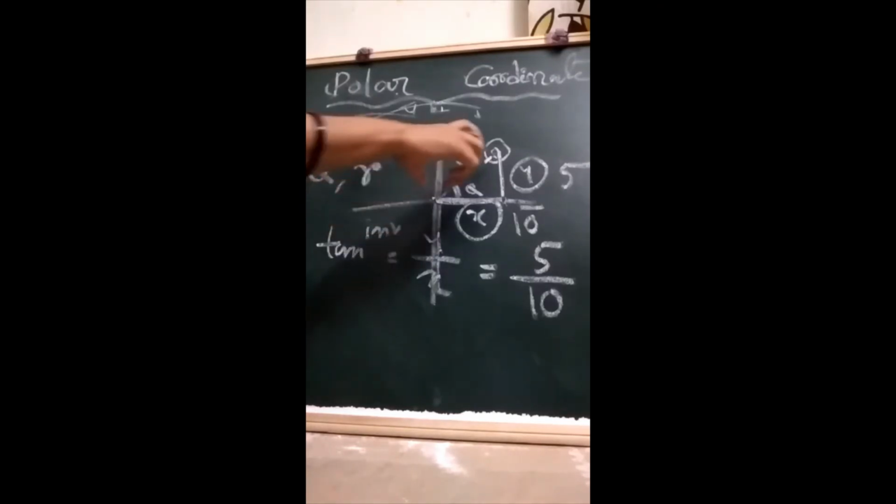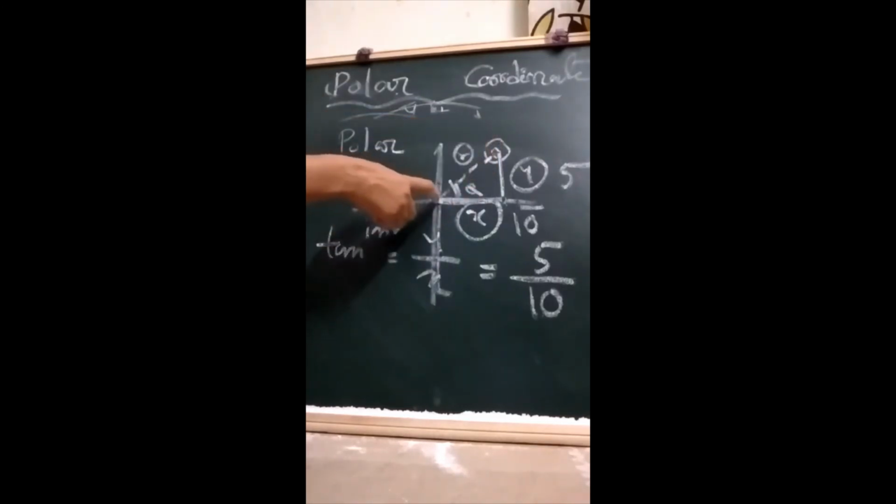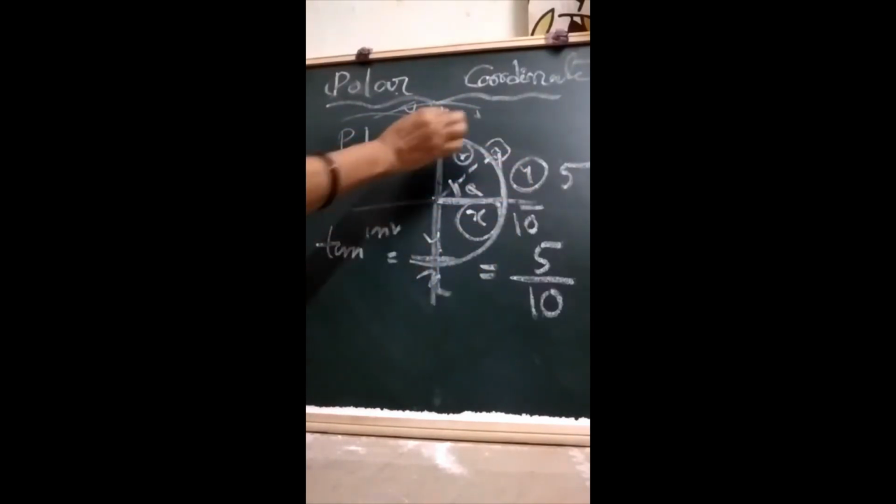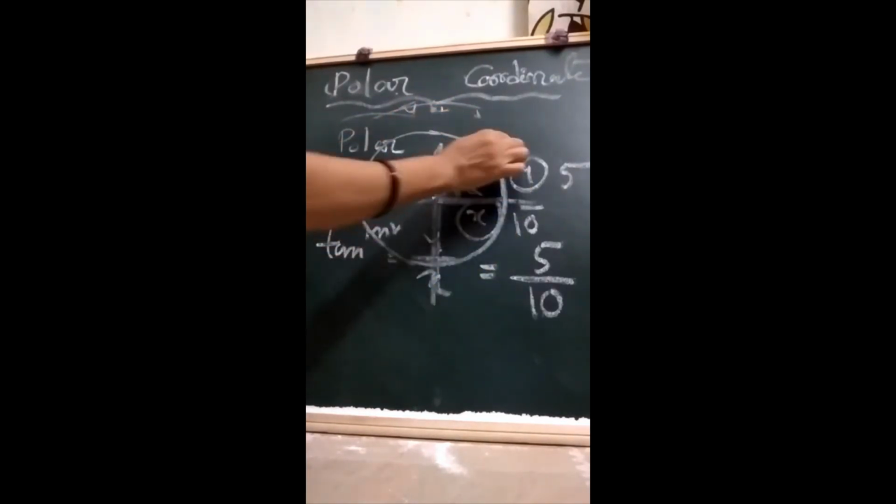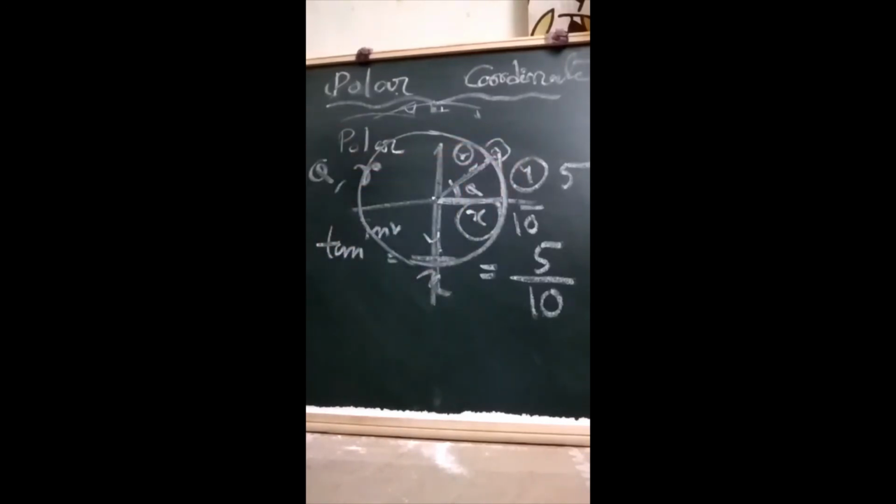Take this linear distance with the compass, put the compass at the polar pole position, the intersecting point of the y and x axes, and prepare an arc. This is the radius value, so it is called the r value.